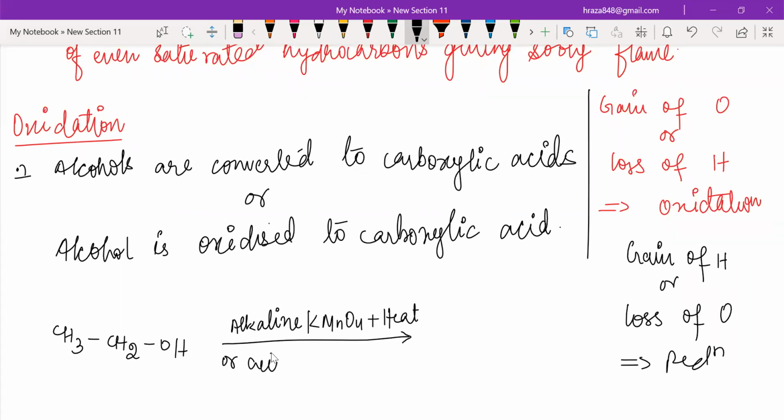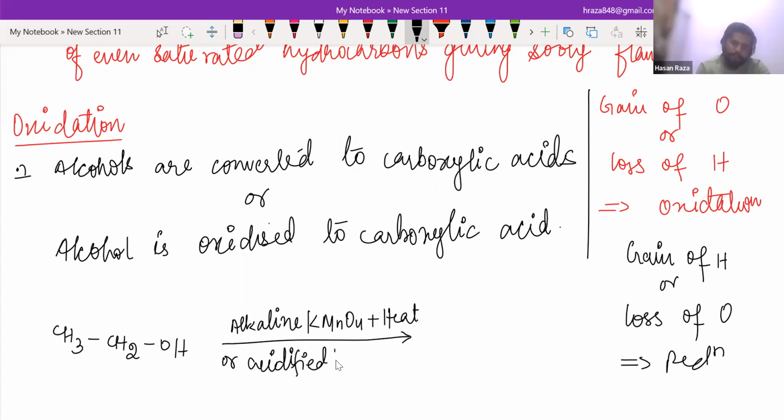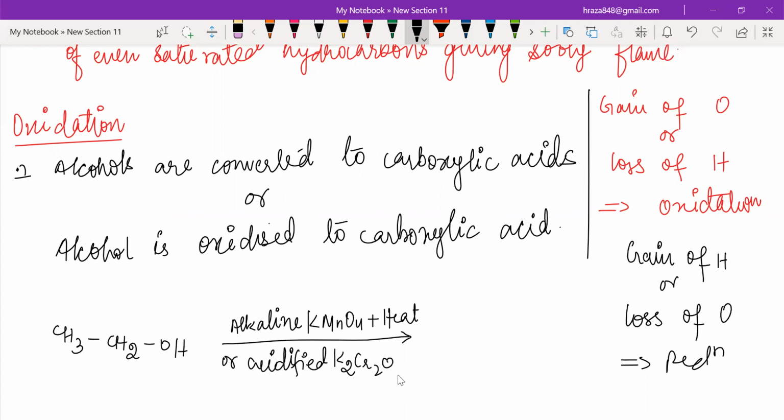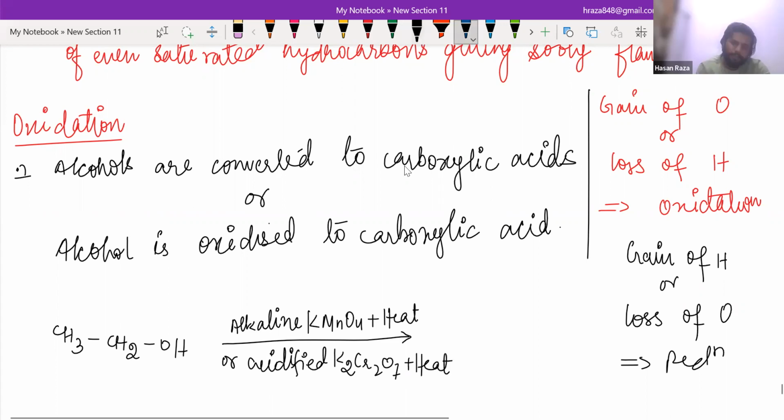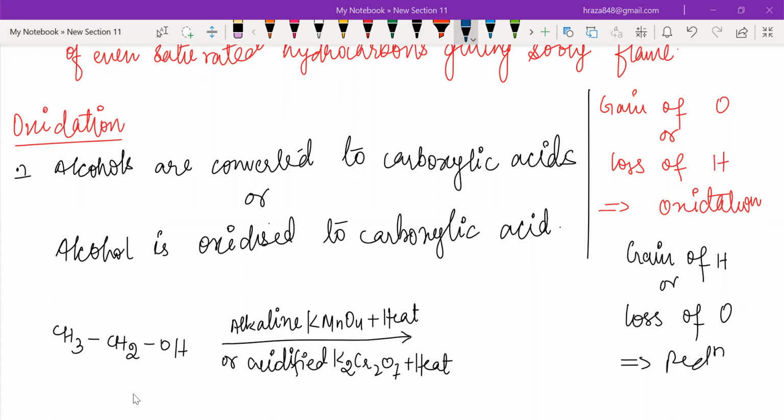Which functional group is present? That's alcohol, right? How many carbons in the parent chain? Is there any branch? No, sir, 2 carbons. What is the name for 2 carbons? Ethanol.